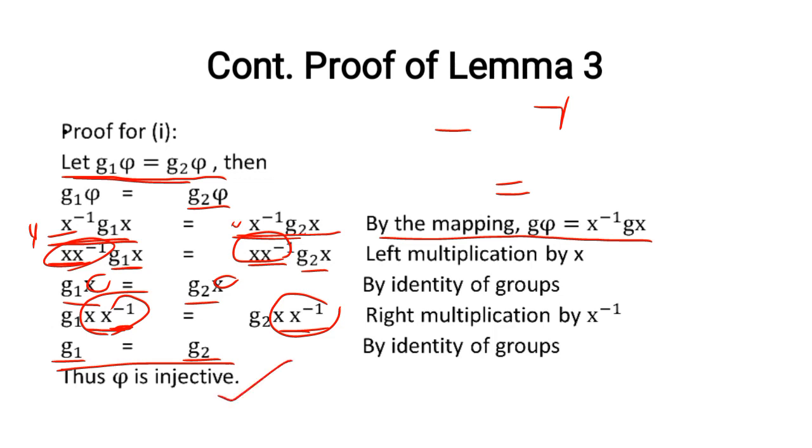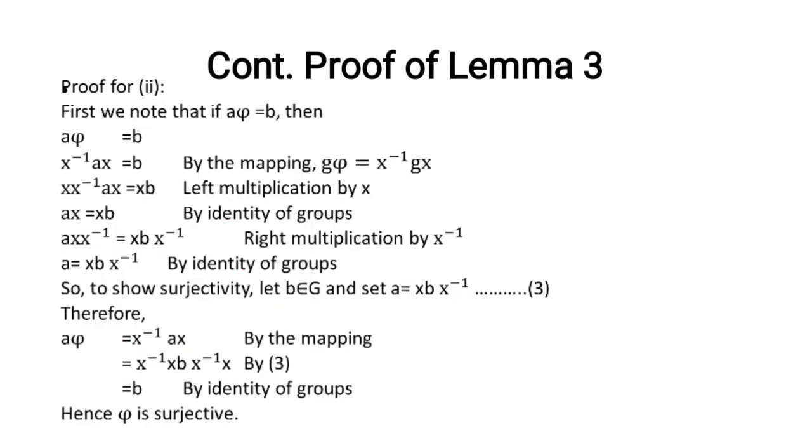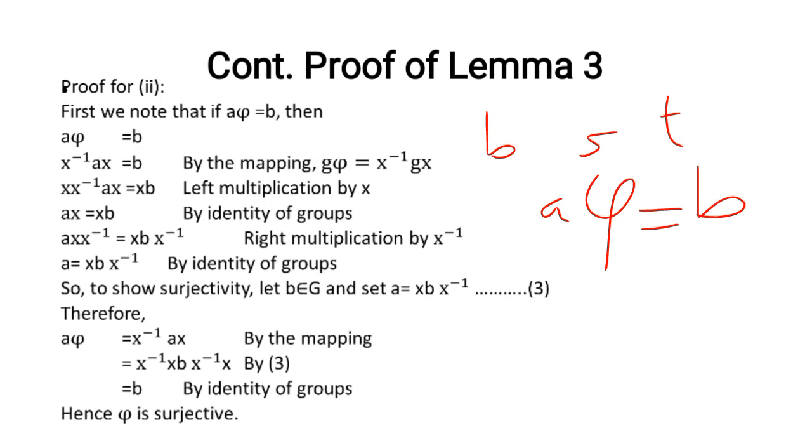We've shown injectivity. We still need to show onto, and we need to show homomorphism. To show onto, what happens? Now we need to prove that there exists a B such that A phi will be equal to B. We need to find it. So what we'll do is a silent way of getting our B. To do that, we simply say, now we know A phi is equal to B. So you assume you know it.